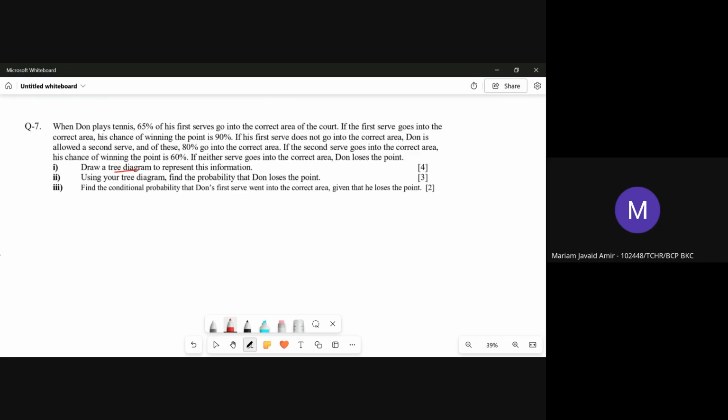Yes, let's start making a tree diagram. So this would be correct area, and the probability is 0.65, which means incorrect area, so the ball falling into an incorrect area would have a probability of 0.35.